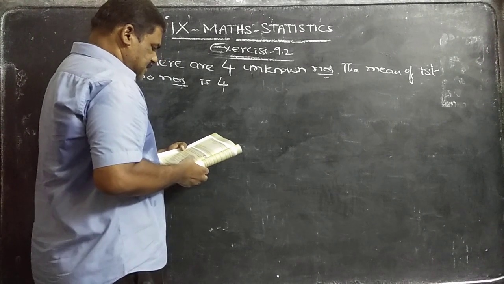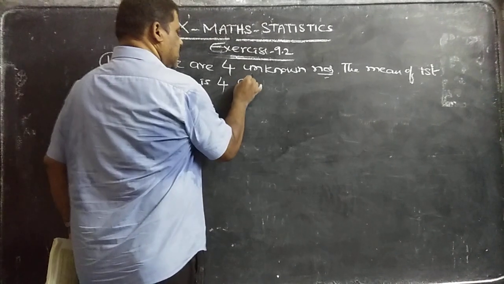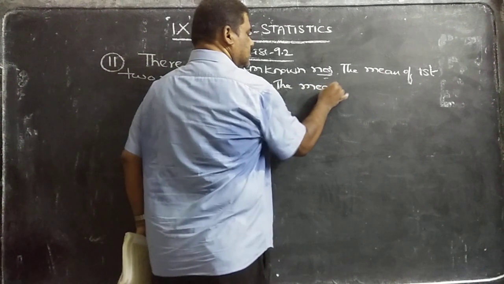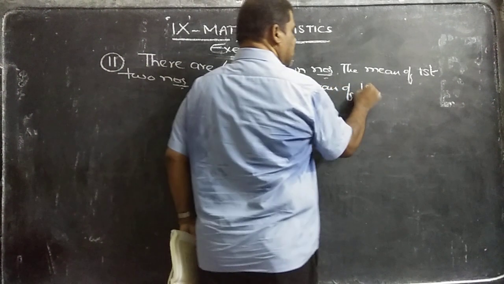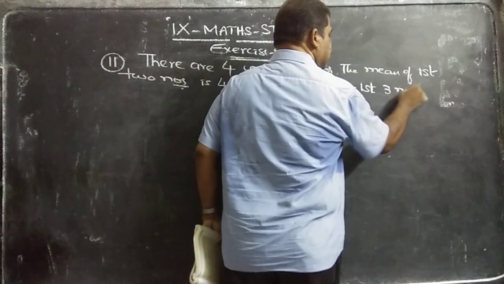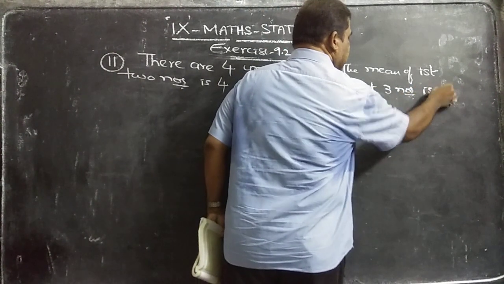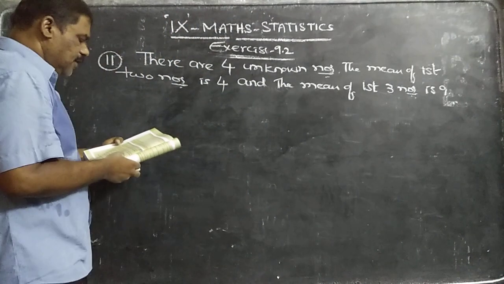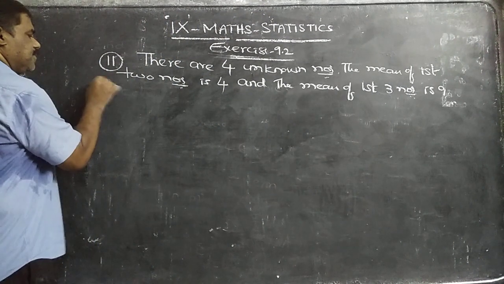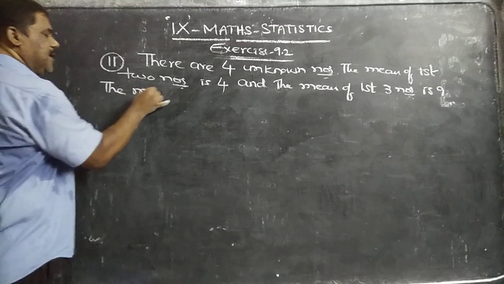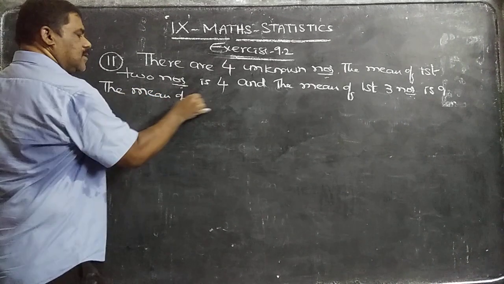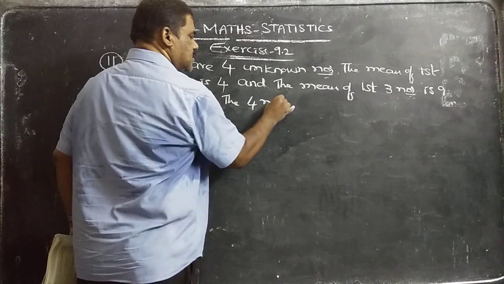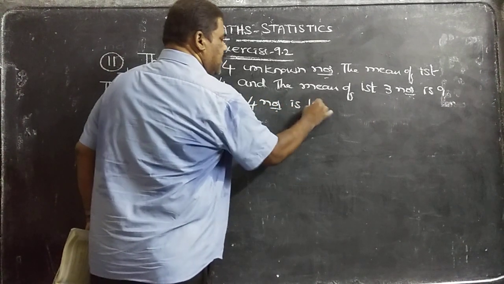The mean of first 3 numbers is 9. The mean of all the 4 numbers is 15.